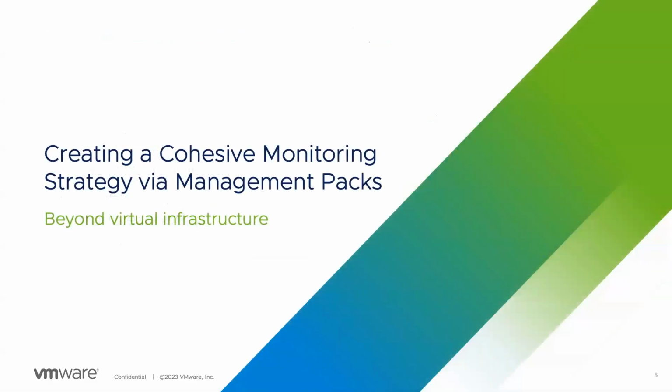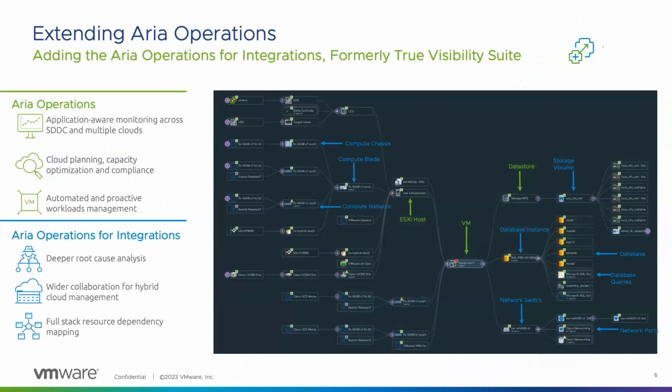So we'll get into the creating of the cohesive monitoring strategy via the management packs, peel back the onion a little bit more. So what you're basically doing is taking Aria Operations, which was called vROps earlier, and expanding it. So there's a lot of color codes in here. For example, the ones in green are giving you the ESX, the VMs, the data centers, the hosts, right?